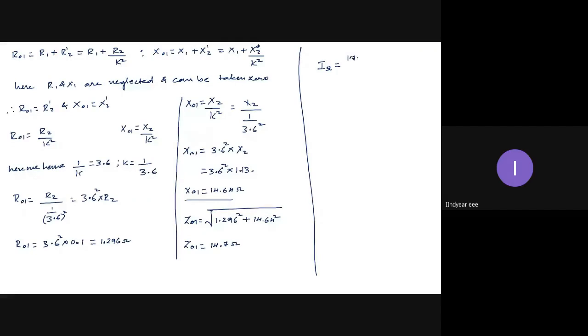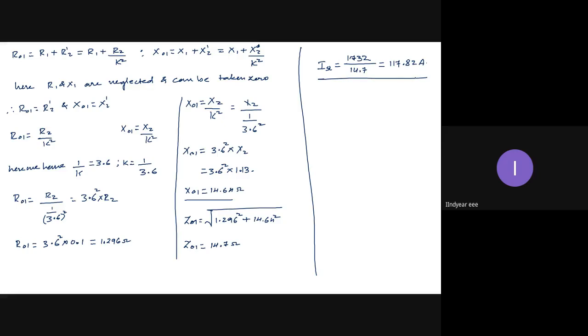So it is 1732 divided by 14.7, which is 117.82 amperes. This is the amount of starting current drawn by the motor at the time of start, which is very high, a large current.